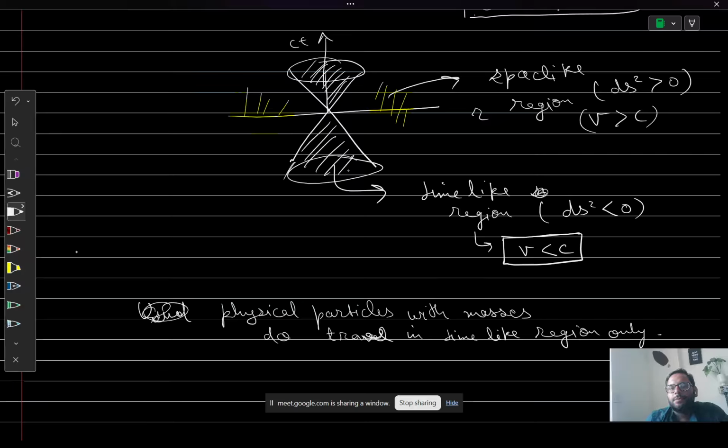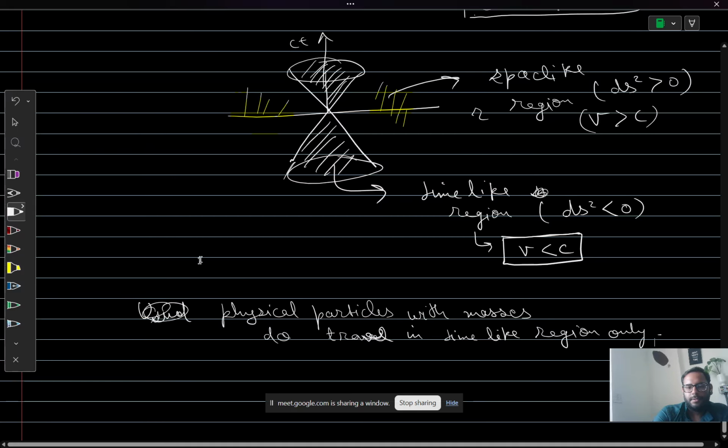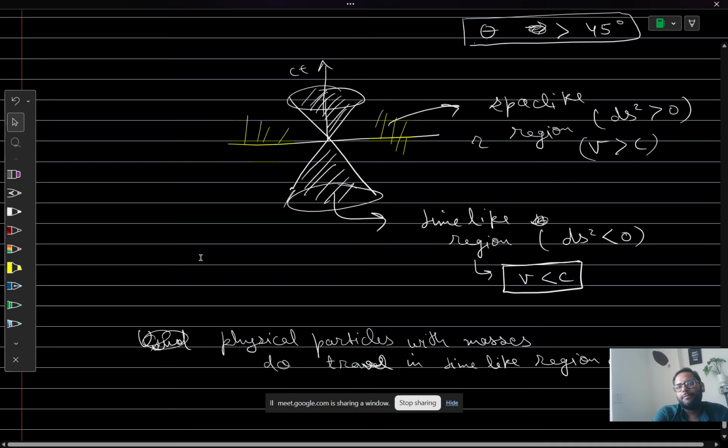So all the matter particles are described by this region, and we do not actually have space-like particles yet. But we can define theoretically that particles that travel with greater than the speed of light can be described in this space-like region.